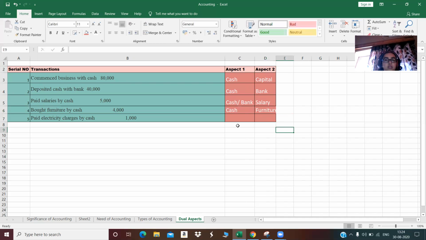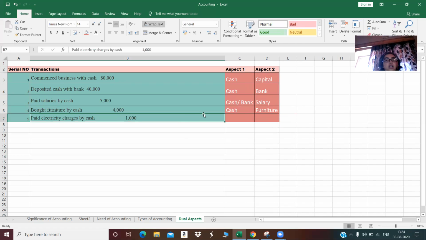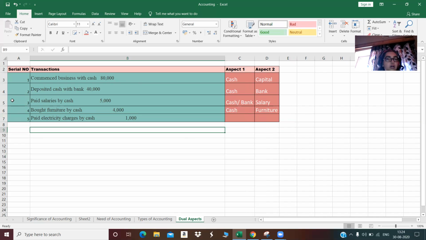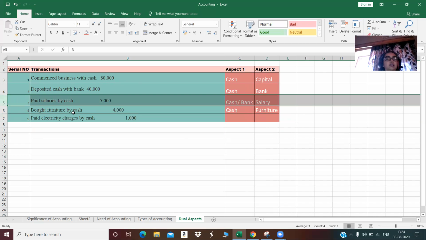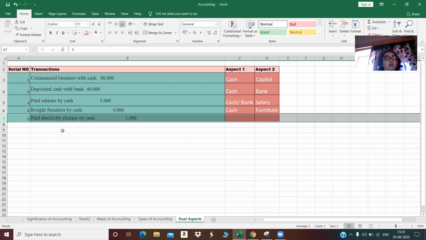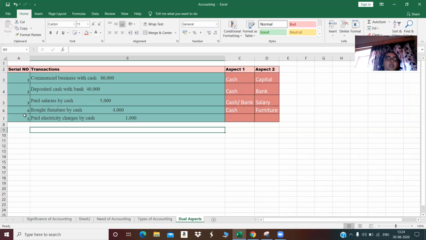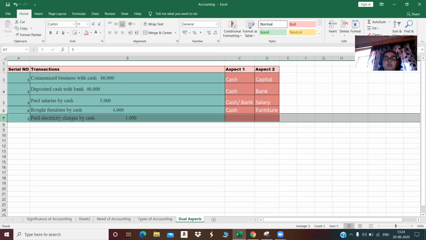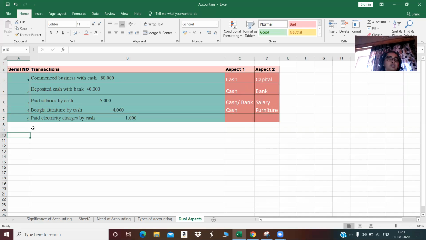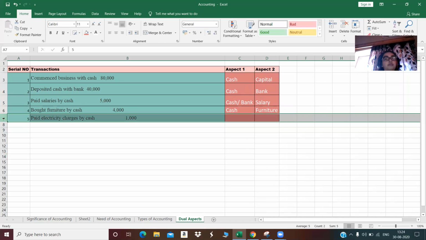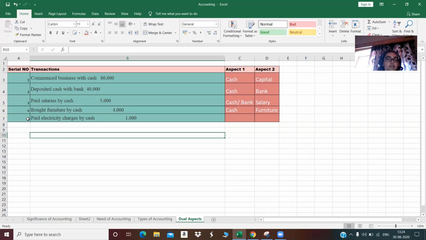Okay, now the last one, paid electricity charges by cash. I hope you understand this, because this transaction is similar to salary paid. Paid electricity charges by cash means electricity charges like the CSC bill or West Bengal state electricity bill. We do pay them on a frequent basis, on a recurring basis.